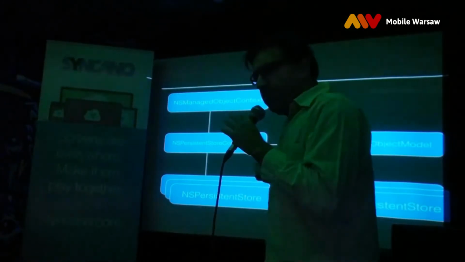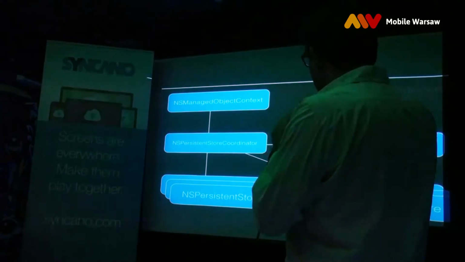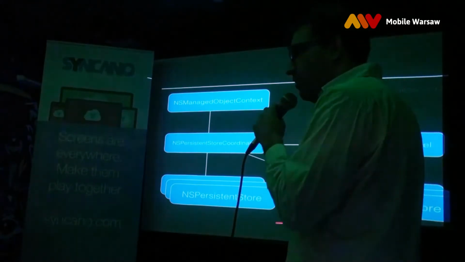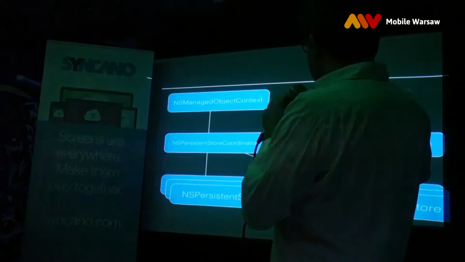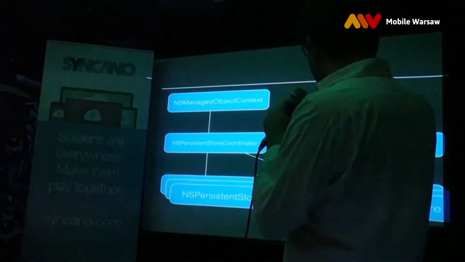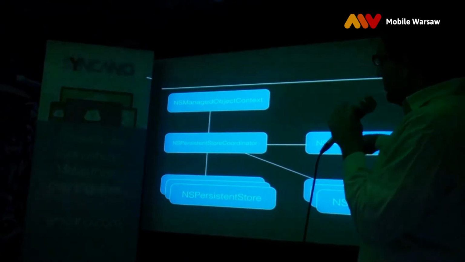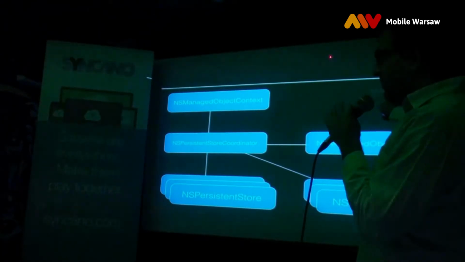This is where this persistent store coordinator really comes in handy, because when you have this coordinator, it knows where all these persistent stores are, and it knows that all the persistent stores store data exactly as described in this model. So that's important to know. The other thing is the persistent store coordinator will also take objects from up here, and it will know which store each object goes to.